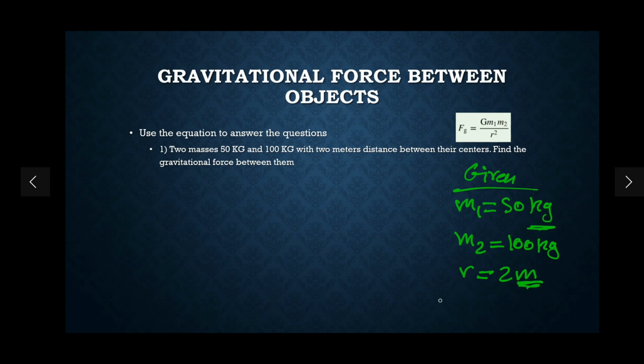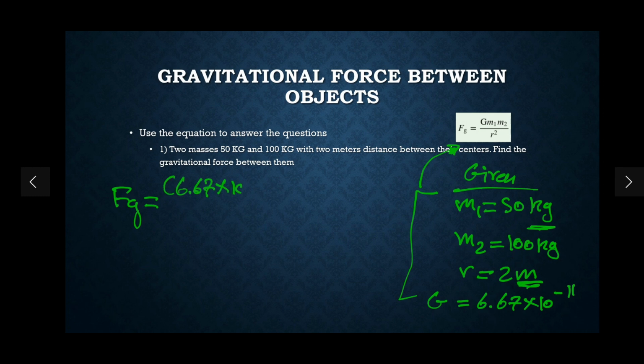And we also have a constant. You should memorize it, which is G. It never changes. It's 6.67 times 10 to the power of negative 11. Now, let's substitute all of these values in the equation to find the answer. So, Fg equals 6.67 times 10 to the power of negative 11 times 50 times 100 divided by 2 squared.